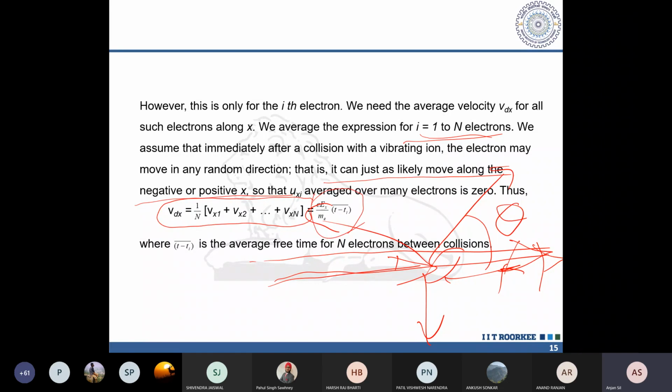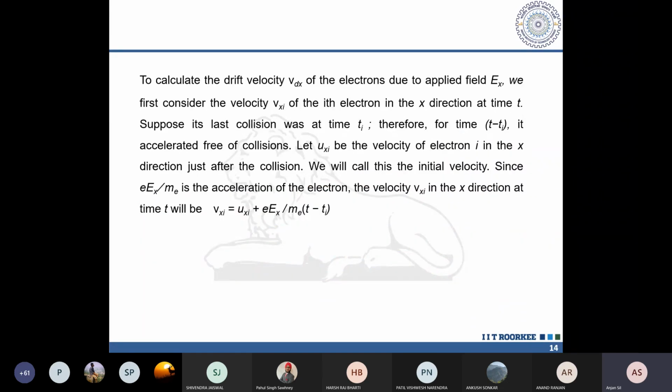And here, instead of t, what we did earlier, it is t minus ti for the ith electron. You understand? The ith electron.